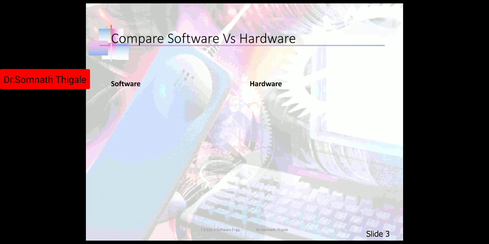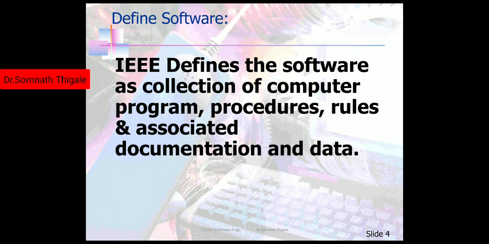So let's focus on the next part, that is, what is software. Different definitions are there. IEEE, the most standard source, defines software as a collection of computer programs, procedures, rules and associated documentation and data.